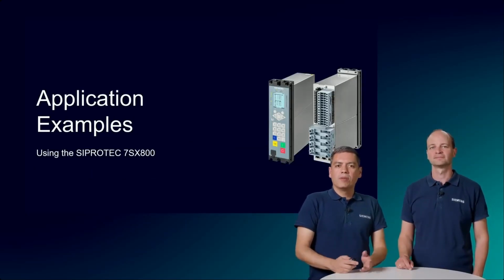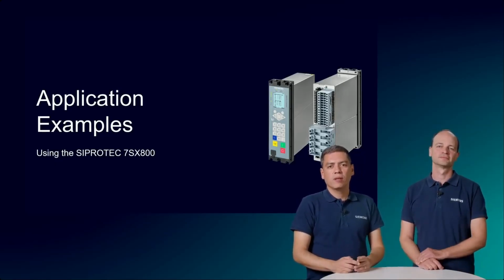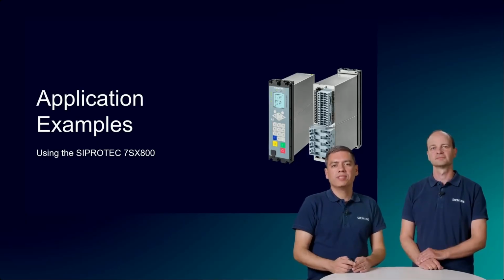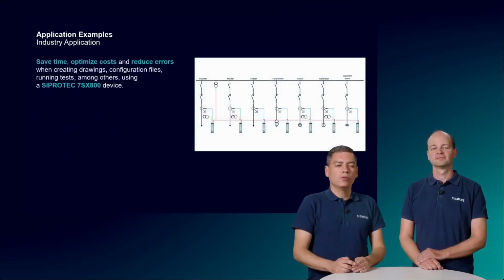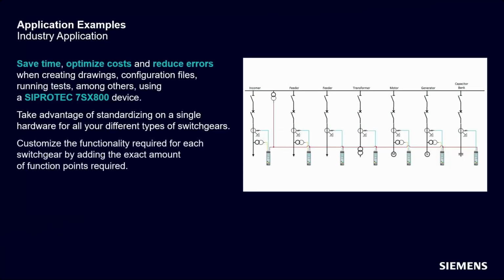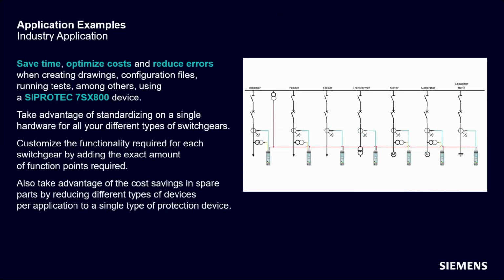Well, among the several possible applications for 7SX800 devices, we selected 4 applications to be presented as an example. Industry application. Our first example, and perhaps one of the most frequently used examples of 7SX800 devices, is industrial applications.